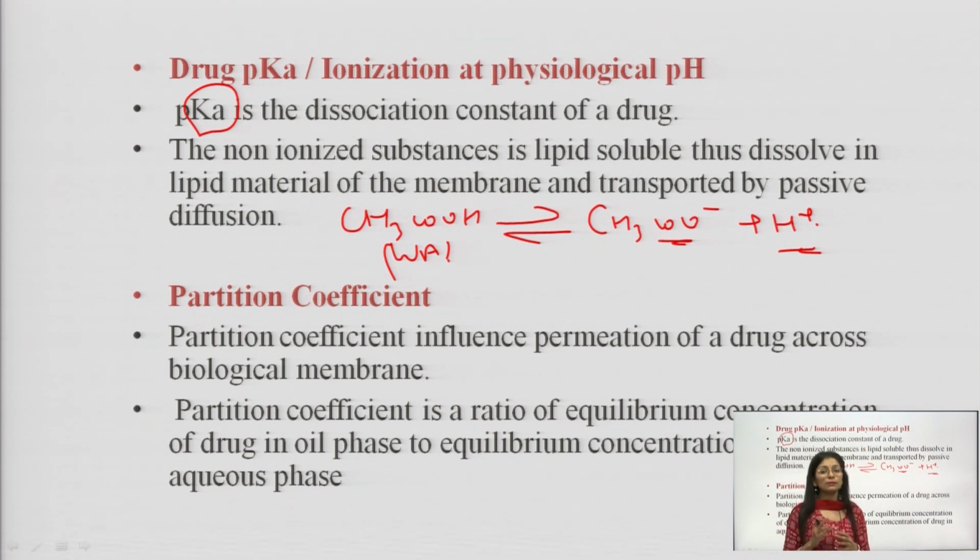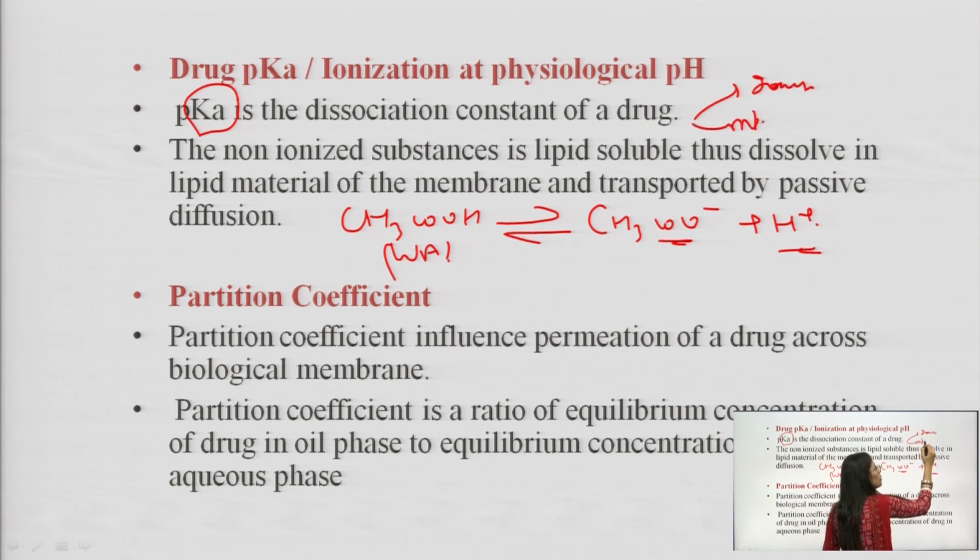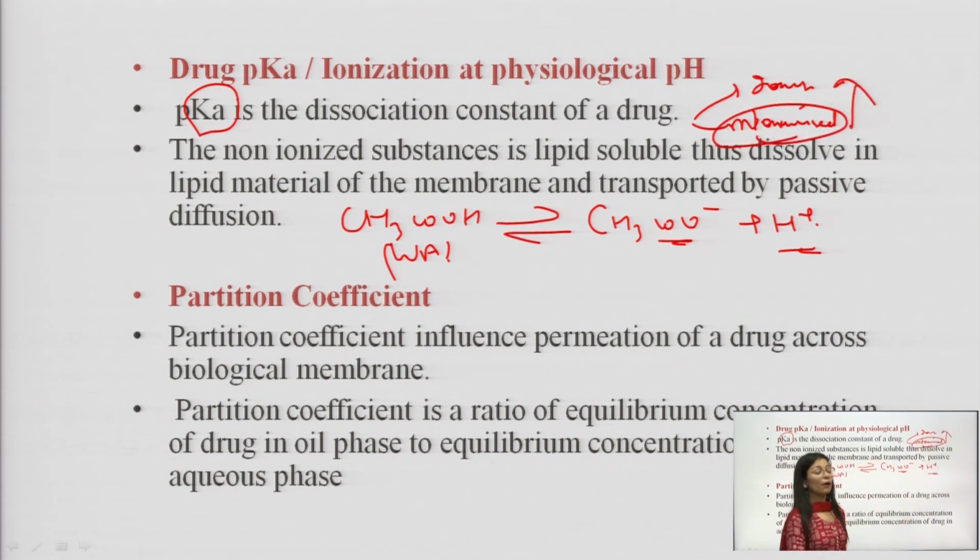A drug, when it is being dissociated, can be dissociated into two forms, ionized and unionized forms. The unionized form has better absorption. Why? Because they are not ionized, they can pass through the lipid layer very easily. That's why the non-ionized substance is lipid soluble.